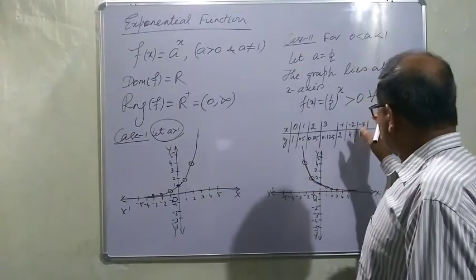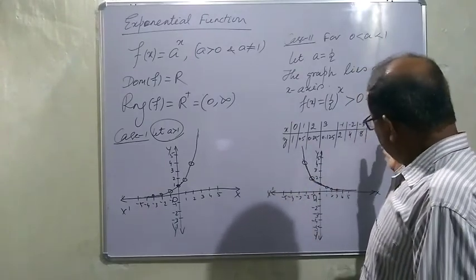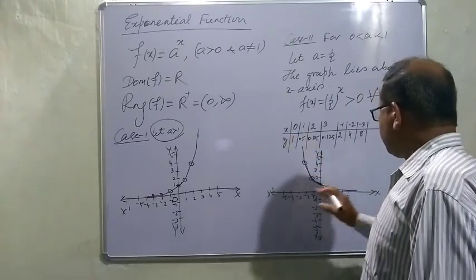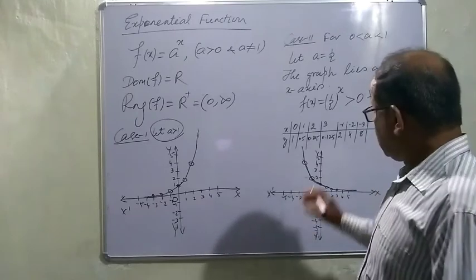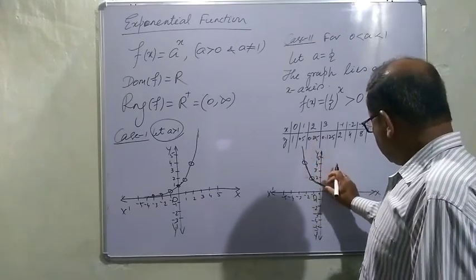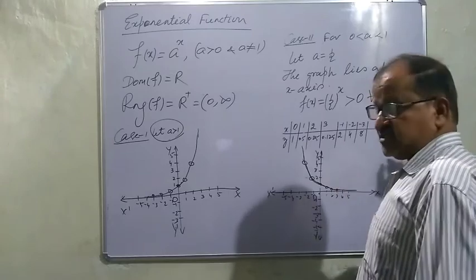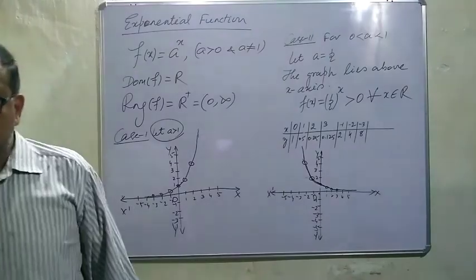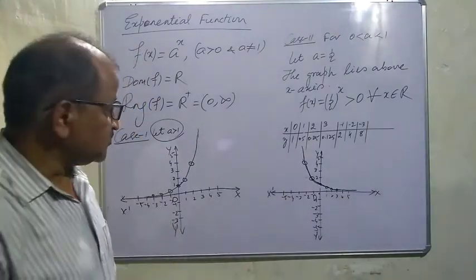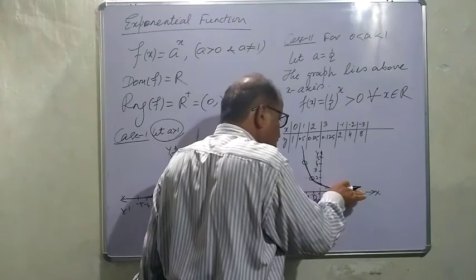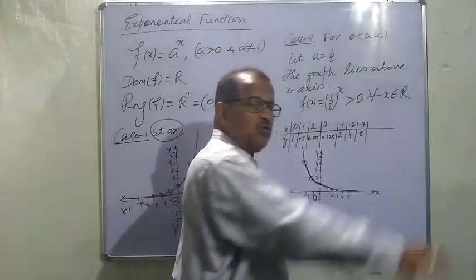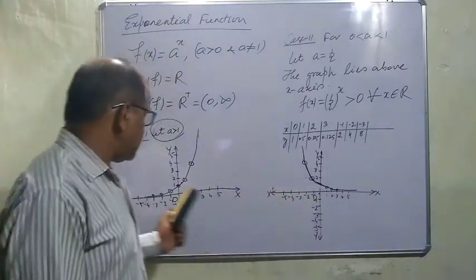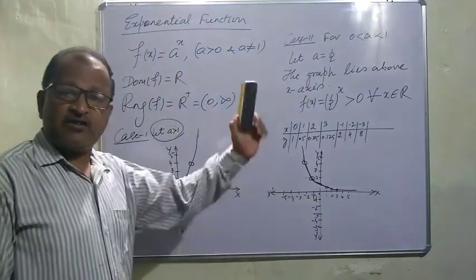In the case when a is less than 1, while we are moving towards right from 0 along the x-axis, the graph is decreasing and it will appear as if the graph merges with the x-axis, but it will never merge. It becomes closer and closer to the x-axis. Okay, when a is less than 1, this is the graph; when a is greater than 1, this is the graph.